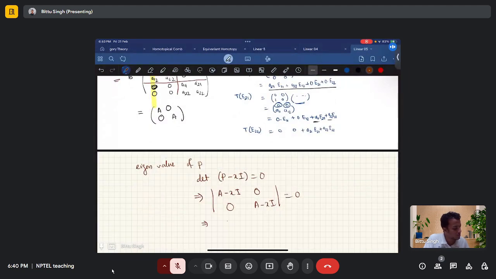But we can easily expand this determinant. It is the same as determinant of A minus xi times determinant of A minus xi equal to 0.